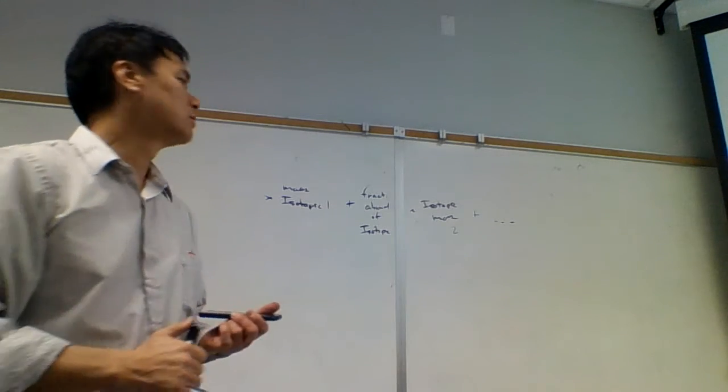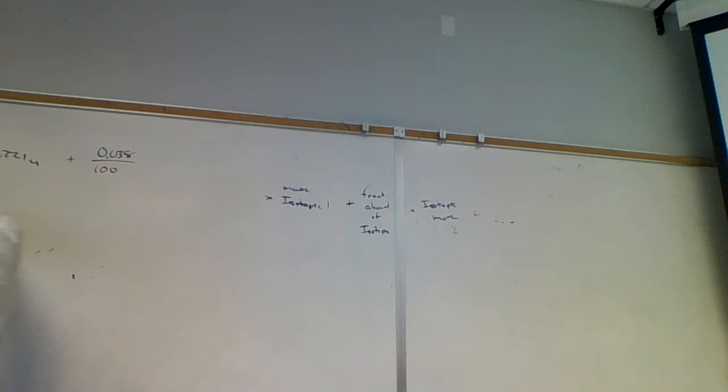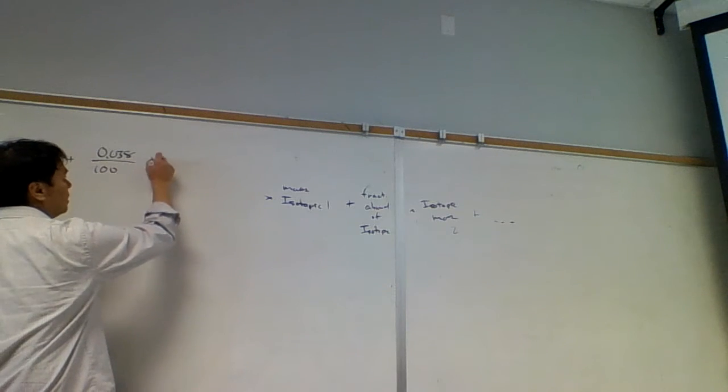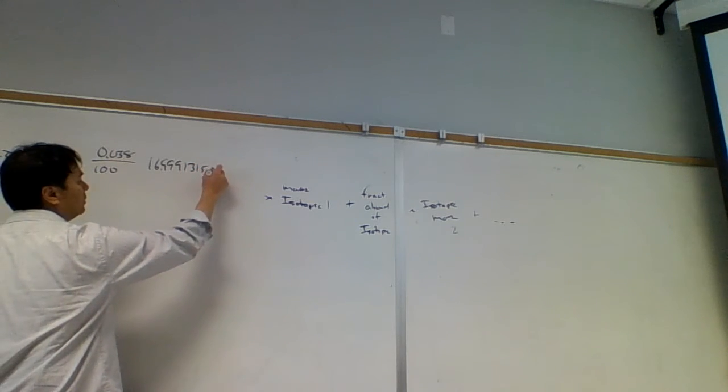No, you can't. So what we do is we go out of 100,000. If I have 100,000 atoms, then 99,757 of those will be oxygen 16, and 38 will be oxygen 17. Well, how much does oxygen 17 weigh? It weighs 16.999135150 U.